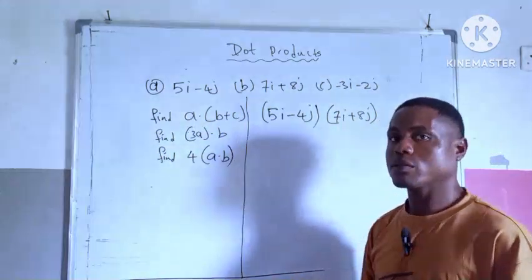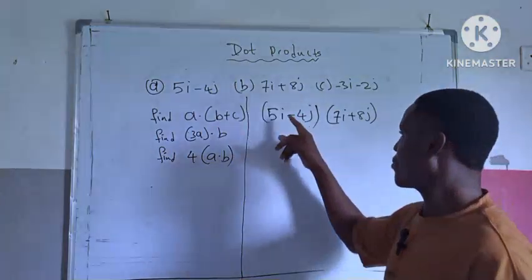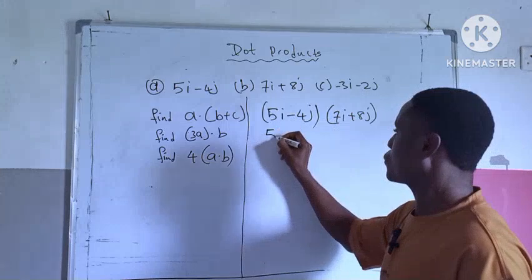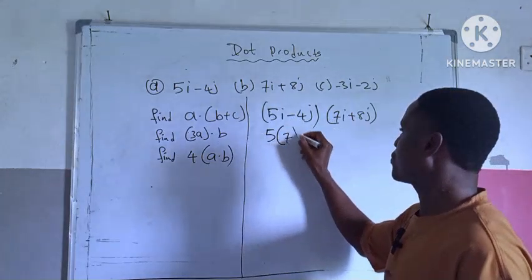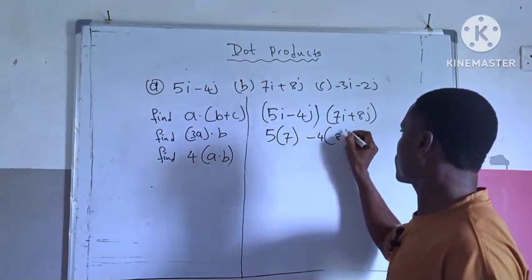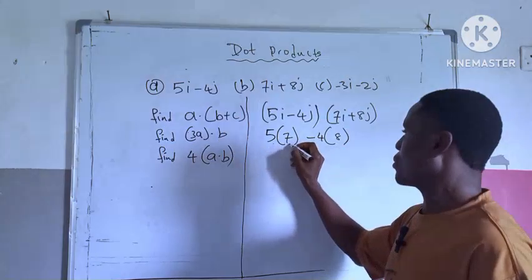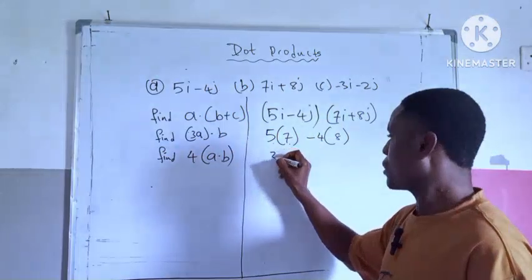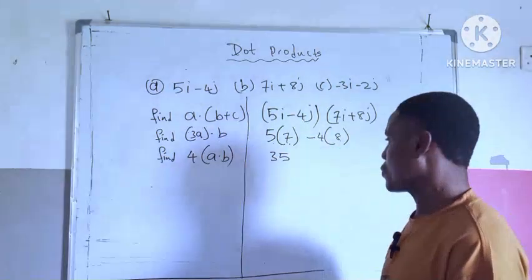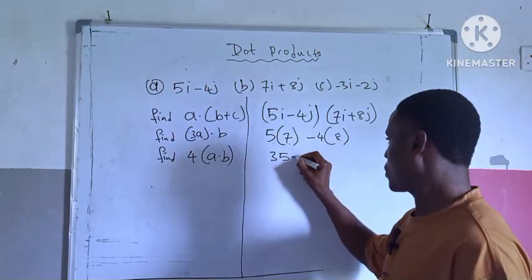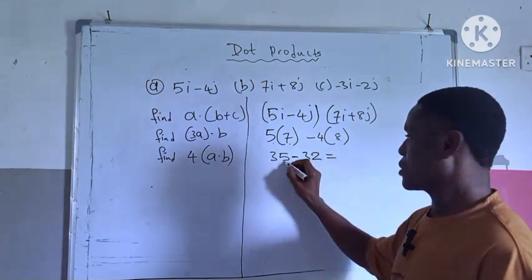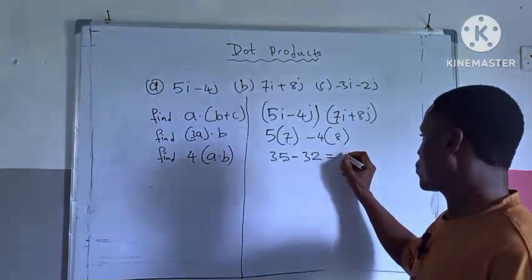So what are we doing next? Is to multiply. We have 5i and 7i. Okay, let's do it this way so everything will be simple. Then minus 4 multiplied by 8. So 5 times 7 is what? Is 35. Minus 4 times 8 is minus 32. So 35 minus 32 is what?